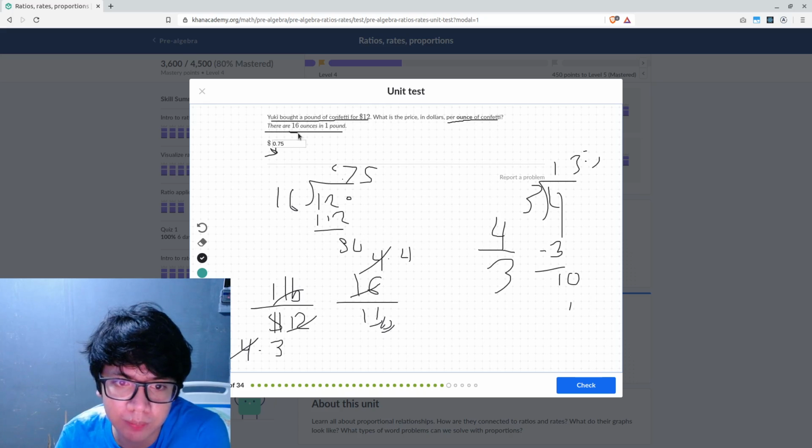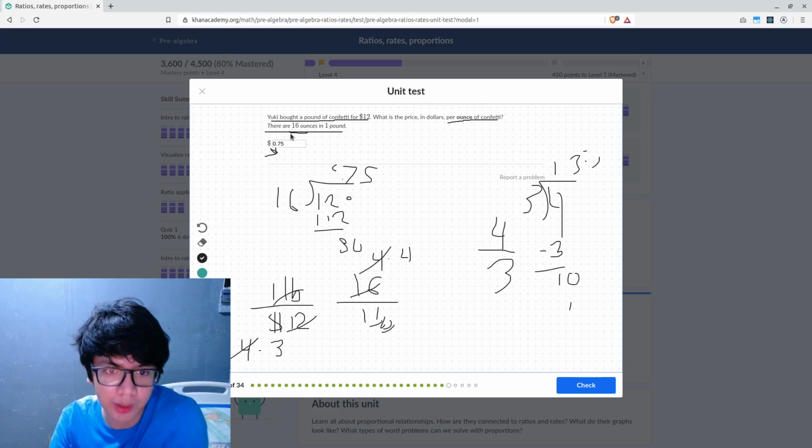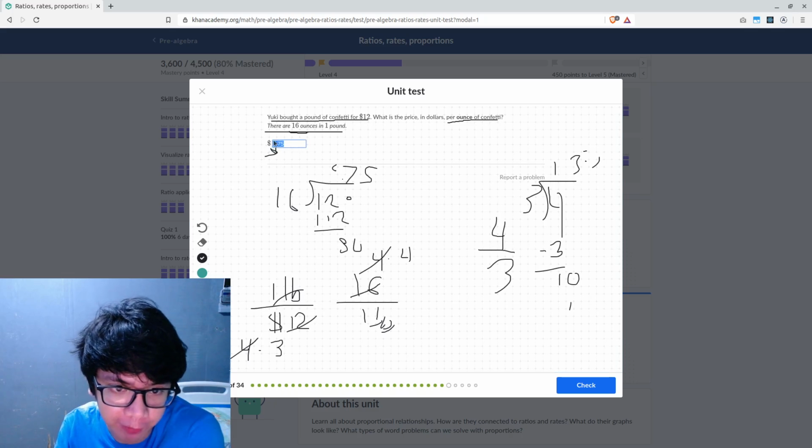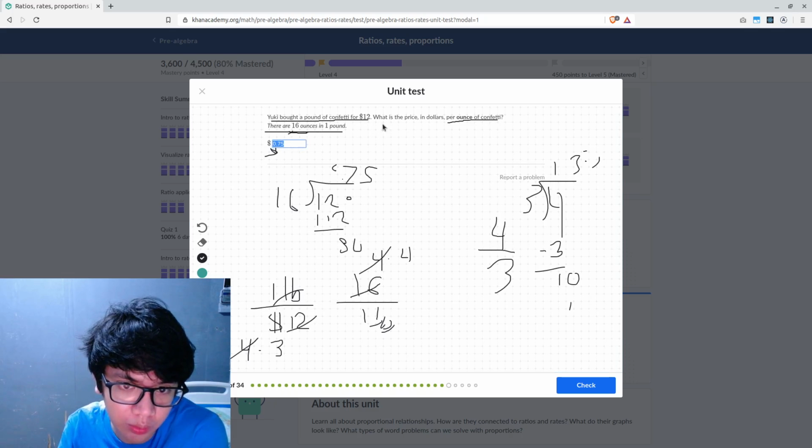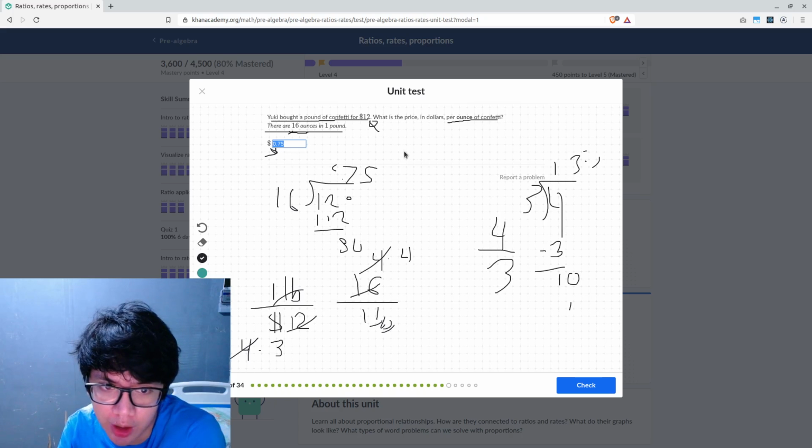There are 16 ounces in 1 pound. So if you multiply 0.75 by 16, we should get 12. Yeah, if this is much larger, then it's not 12.